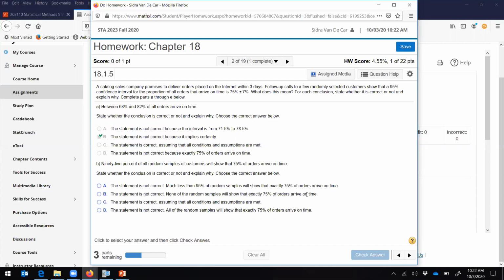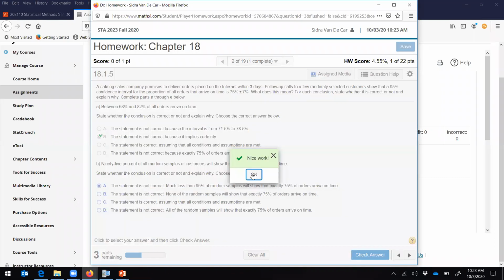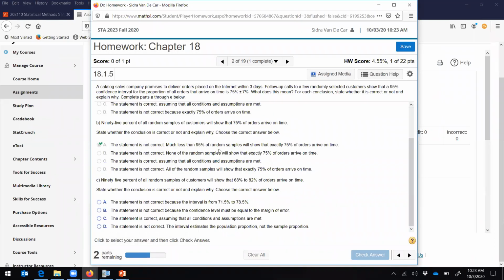All right, so this is saying exactly, and much less is a broader statement, right? None of the random samples will show exactly 75%. That's highly unlikely, but it's certainly going to be less than 95%.